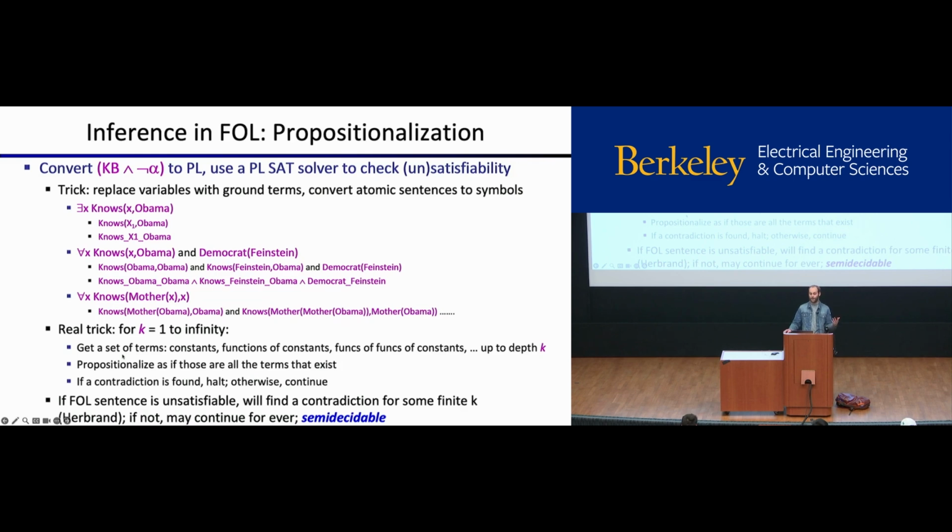We'll keep going, and we won't know whether that's because there is no contradiction to be derived, or because we just haven't gotten there yet. So it's semi-decidable. If there's a contradiction, we can find it eventually, but if there's no contradiction, we'll just keep looking for one and never know if there's none to be found or if we just haven't found it yet. That's too bad, but it is what it is.